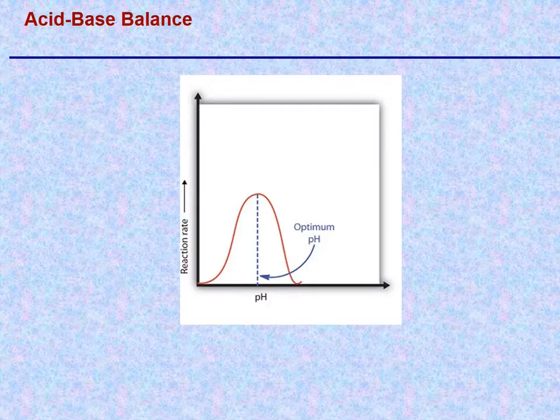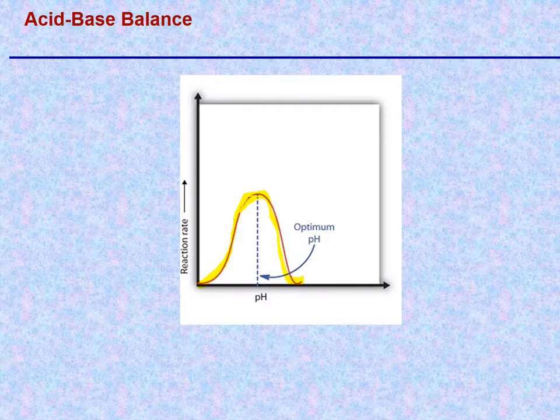As the pH shifts away from the optimal level, the enzymatic activity will drop until it can get all the way down to 0, when you have such a large shape change in the enzyme that it can no longer interact with the substrate and is therefore no longer functional as a catalyst.